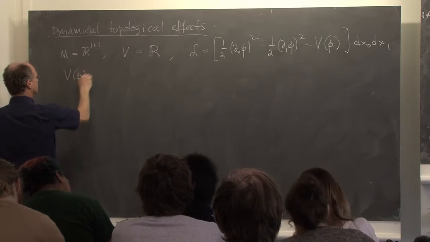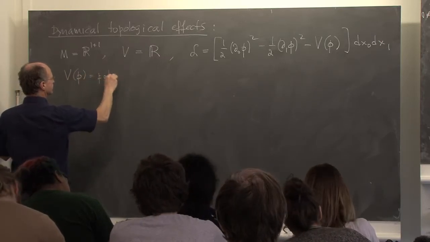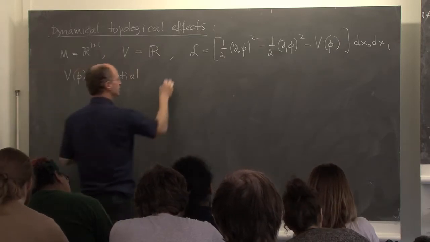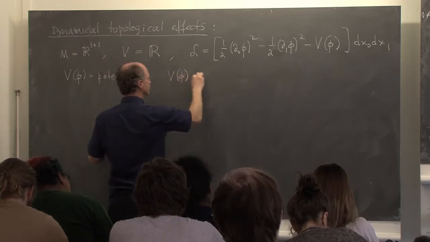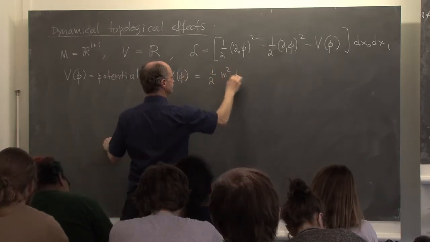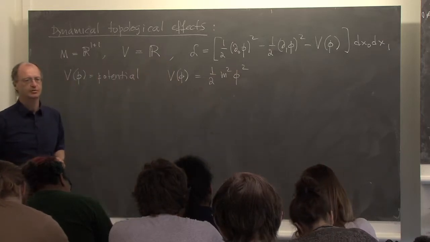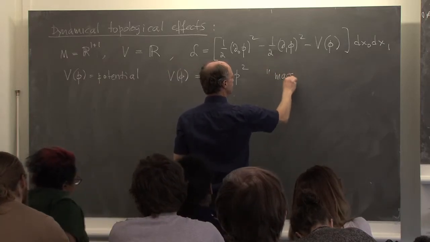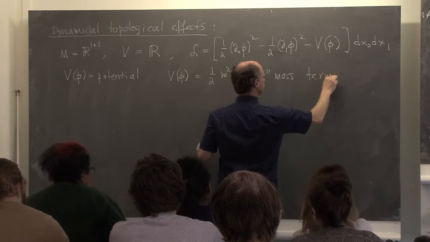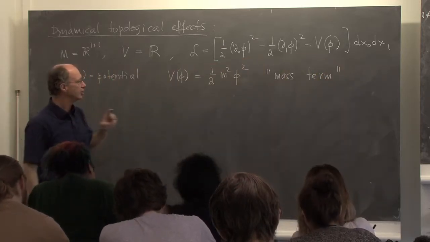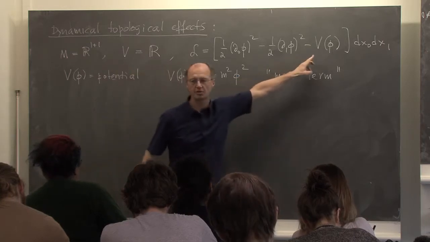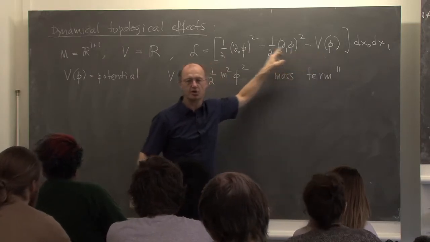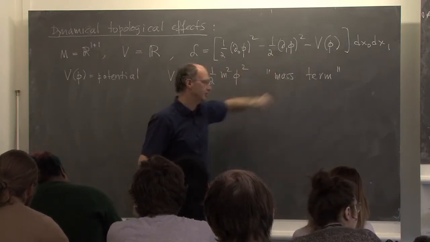Now V of phi is called the potential. So the simplest example of a potential is just a quadratic polynomial proportional to phi squared. In physics lingo, it's called the mass term. Notice that if you add the mass term, your theory remains what we call Gaussian or free, because this polynomial remains quadratic in its variables.